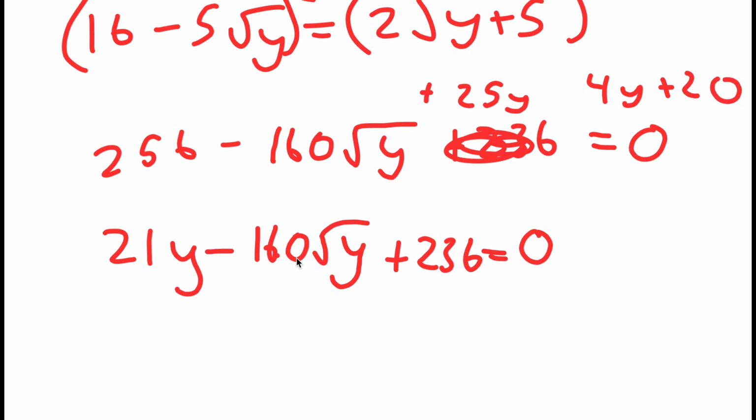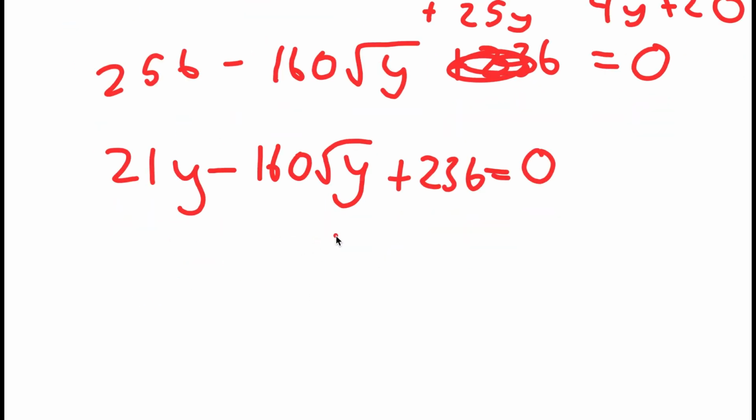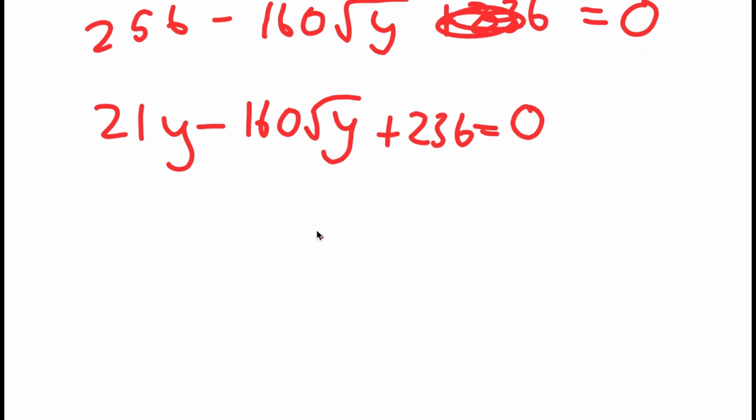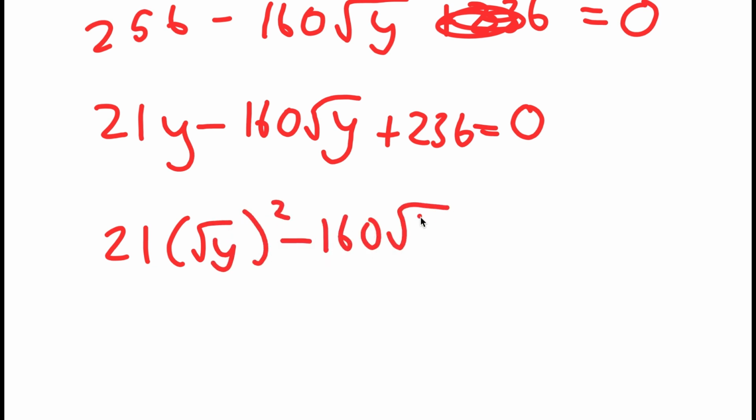So now this is equal to 21y minus 160 root y plus 236 is equal to 0. All right, now from here, I can rewrite this as 21 times the square root of y squared minus 160 root y plus 236 is equal to 0.